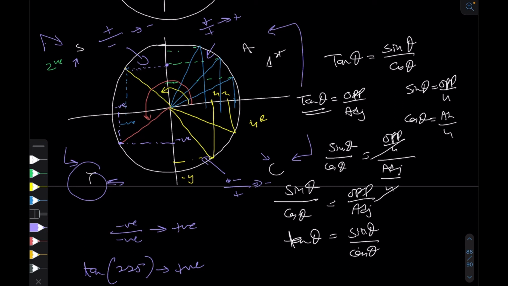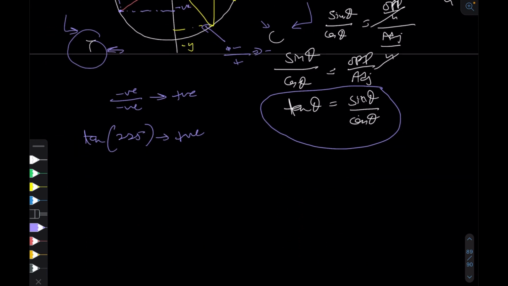So I've talked a bit about tan, but sine has a nice meaning behind it, that it's the y component of the point. Cos has a nice enough visualization behind it, that it's the x component of the point. And actually, you can think of tan as something more than sine over cos, right?